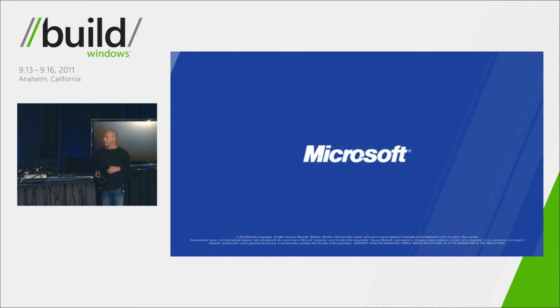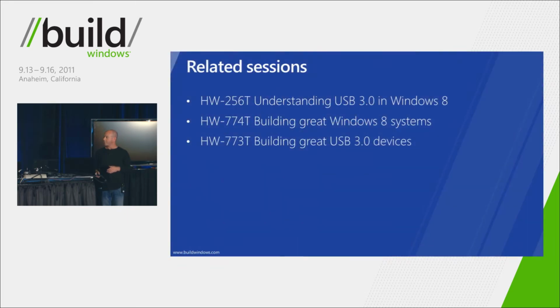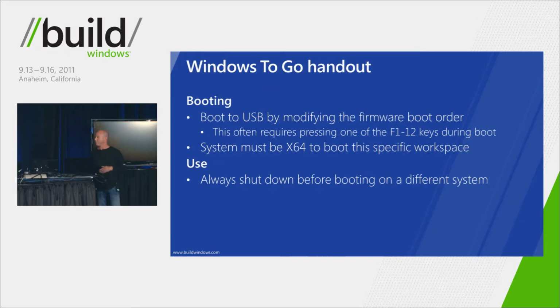So let me quickly come back to some basic things related to the handout. One of the things I mentioned was you're going to have to boot from USB. Some laptops will automatically boot from USB. Most, though, you need to go in yourself, and you can either do it one time with a hotkey sequence, or I would recommend going into the firmware settings and moving your USB up to the top, because typically you'll boot up, and you may need to reboot depending on the type of drivers that were installed, video drivers, so it might be more than one.